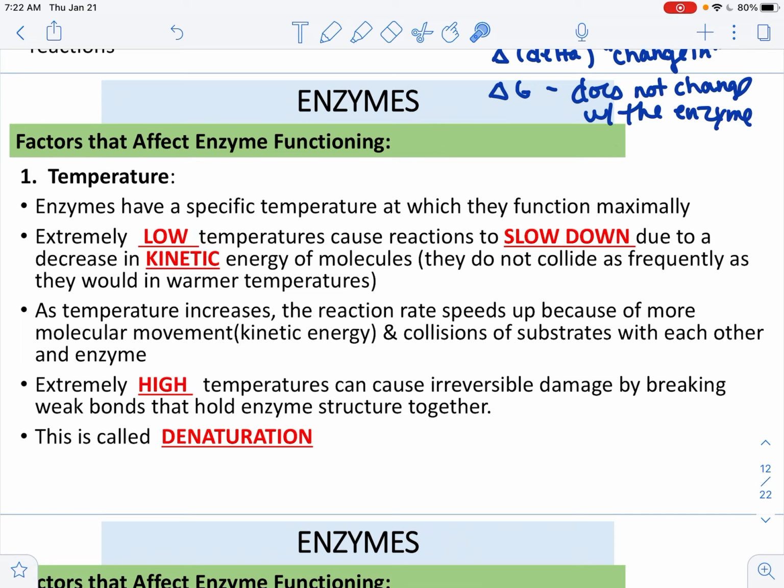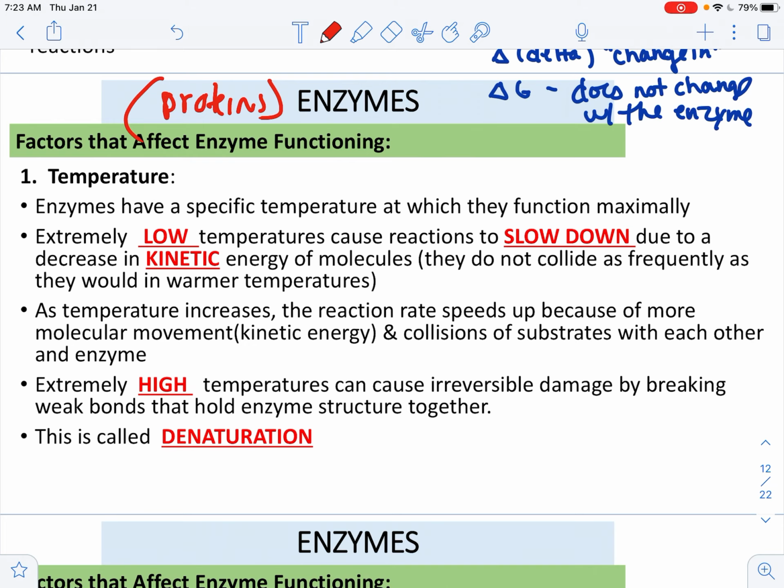But there are certain things that are going to affect how the enzyme works, just like in proteins. We already talked about how temperature and acids and bases will denature proteins and make them unfold and fall apart. Remember, enzymes are proteins. So this is really the same thing we learned in the protein section, but we're talking about an enzyme that's a protein now.